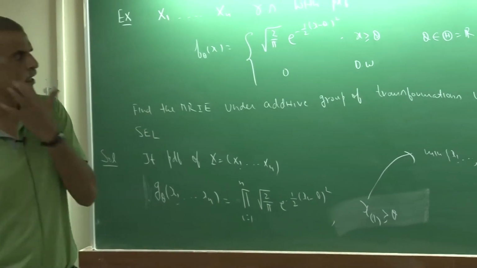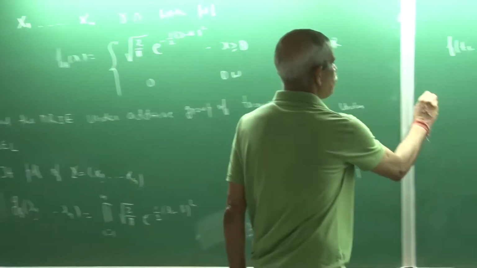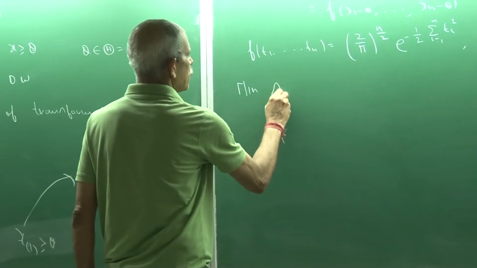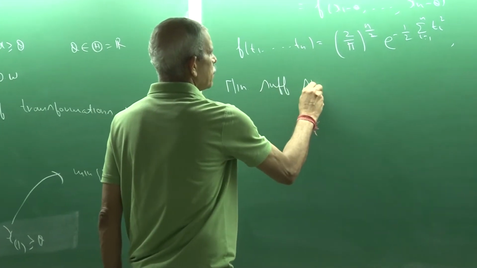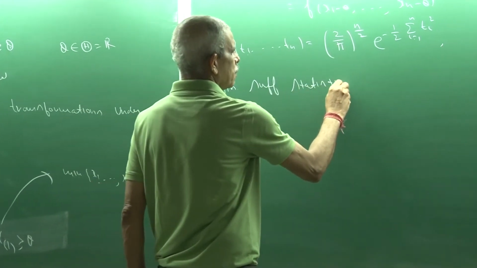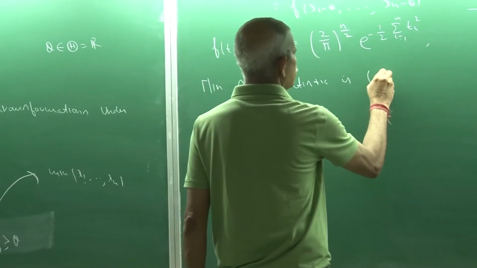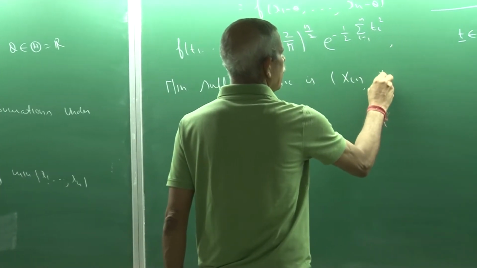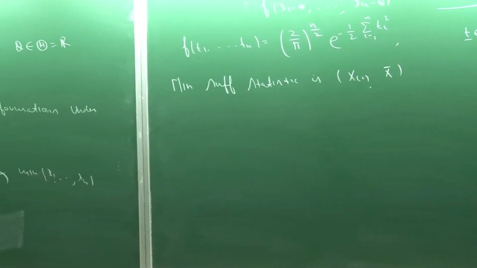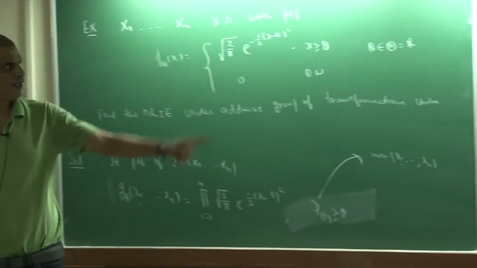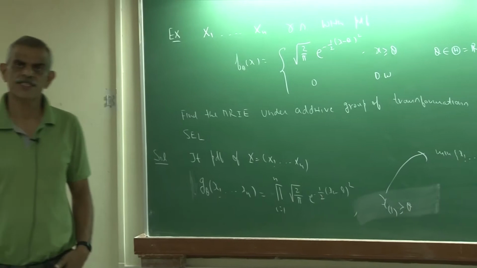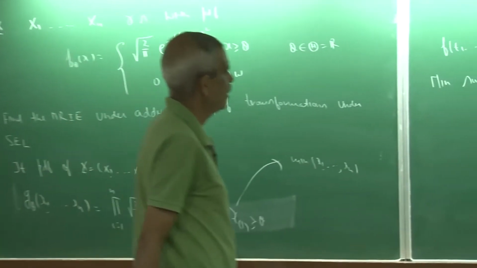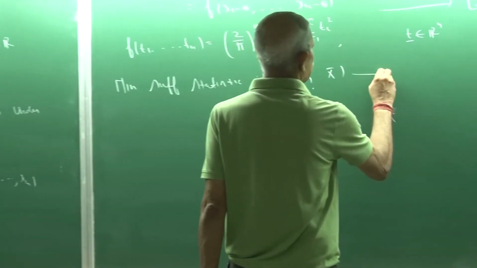The minimal sufficient statistic is X(1) and X bar. Here I have only one one-dimensional parameter but two statistics, so this is not going to be complete. One can see it is not complete.